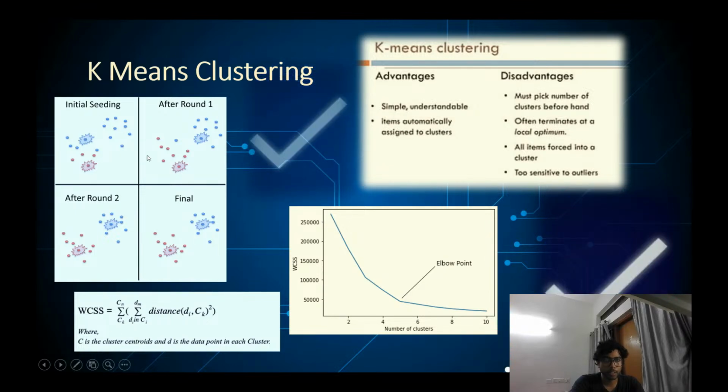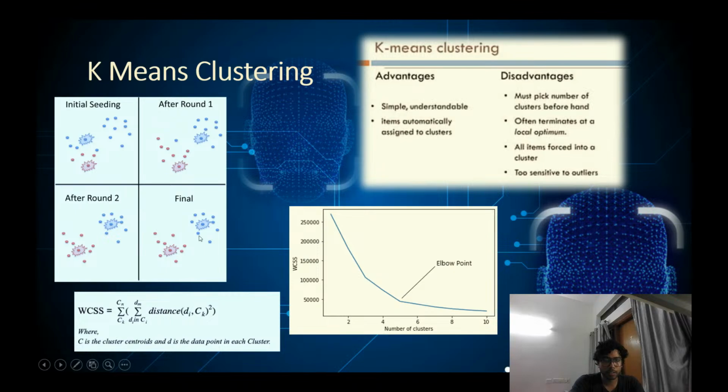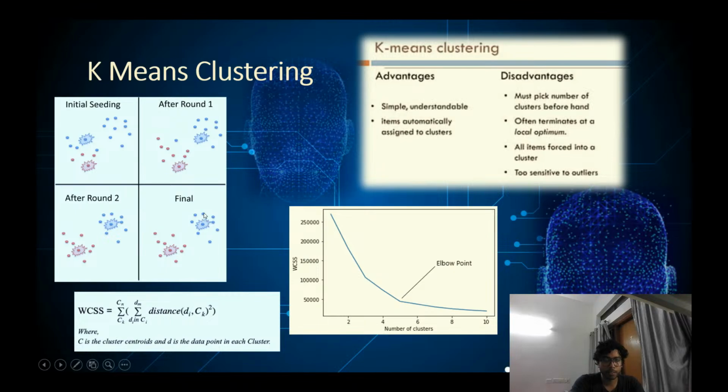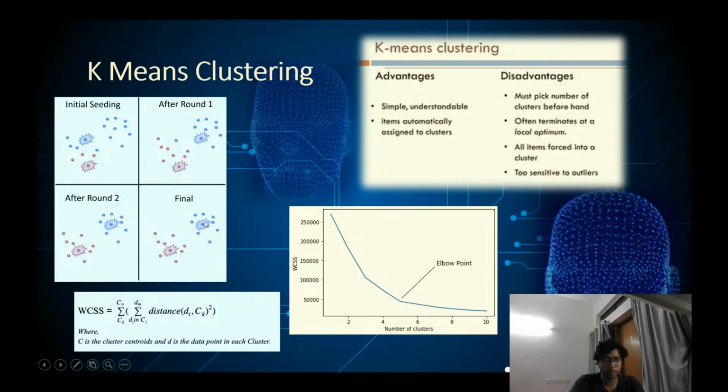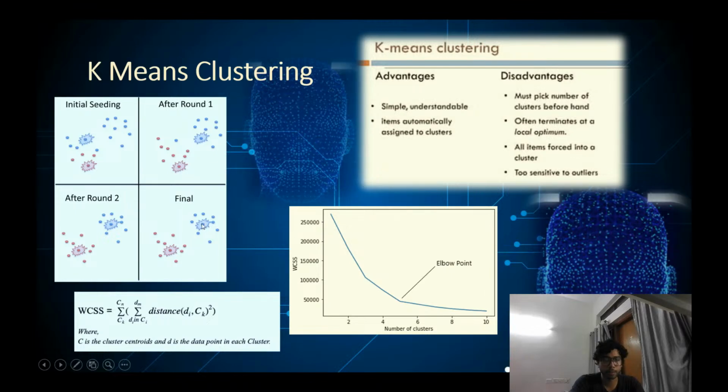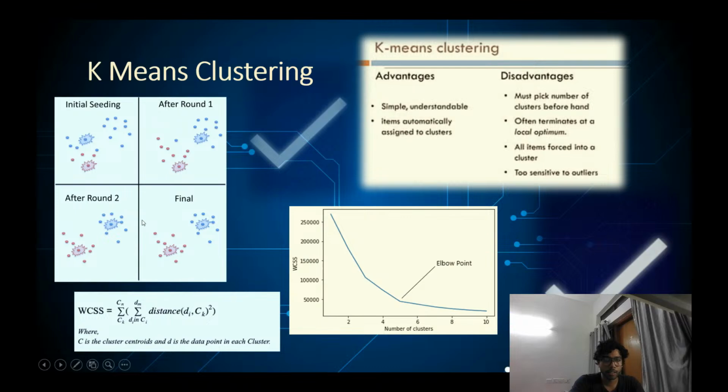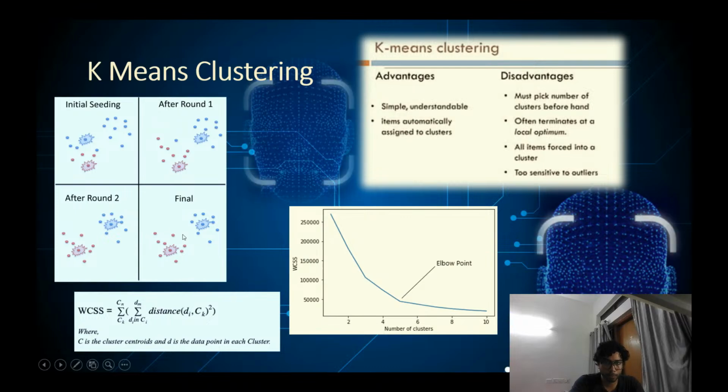So basically, you will have this point minus this point whole square, again this point minus this point whole square, and so on. Do it for all the points in this cluster, and then again do it for all the points in this cluster, and then sum them.